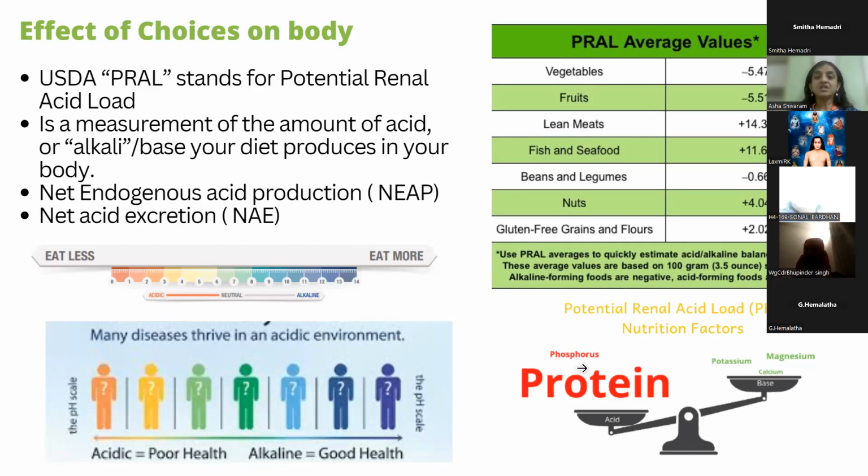Here you can see the PRAL values of different food items. A positive PRAL value means more acid production, whereas the more negative it is, the more alkaline-causing. You can see meat, fish and seafood. Dairy is not here, but dairy is also very acid producing. For example, when you bake a cake, you add some soda and then mix milk into the batter, right?